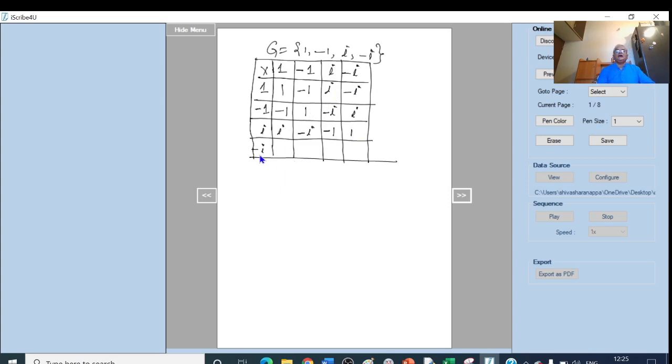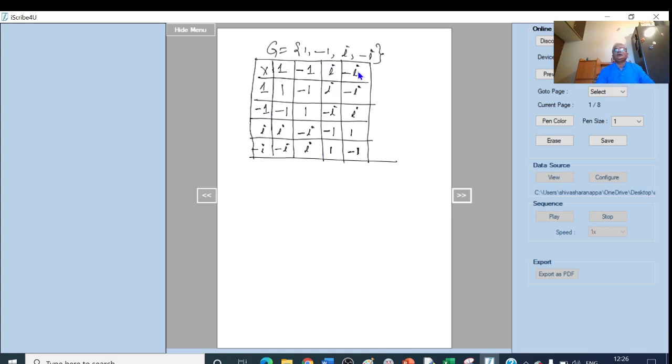Next, minus I into 1 is minus I, minus I into minus 1 is plus I, minus I into I is minus I square, that is minus of minus 1, which is plus 1. Minus I into minus I is plus I square, whose value is minus 1. So this is our composition table.